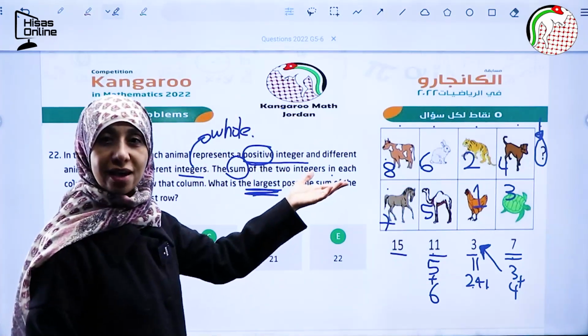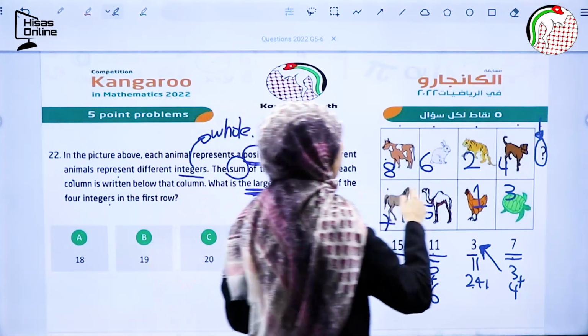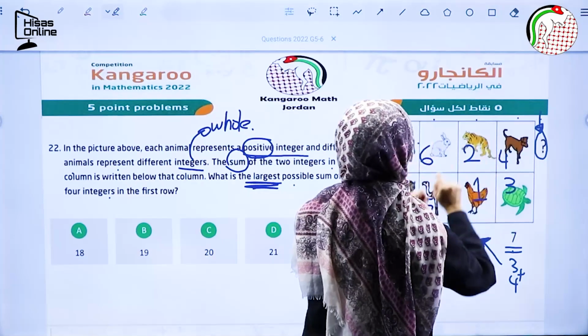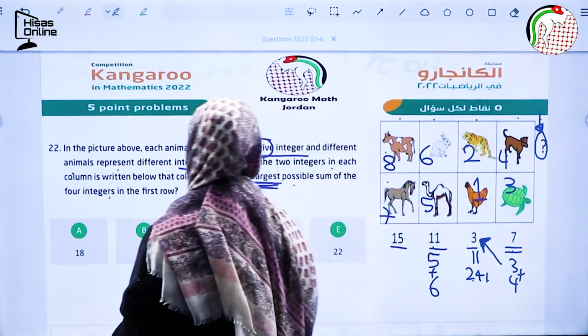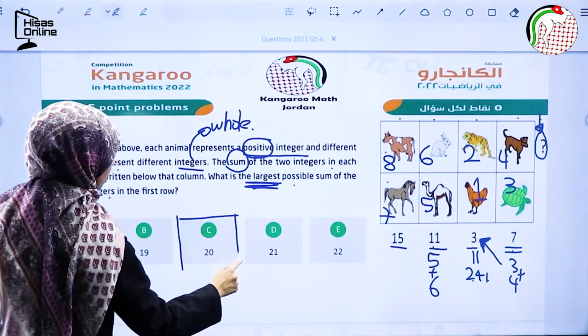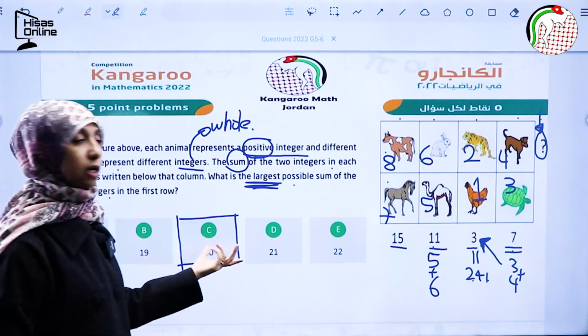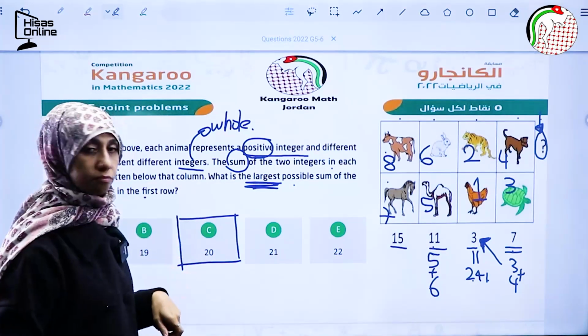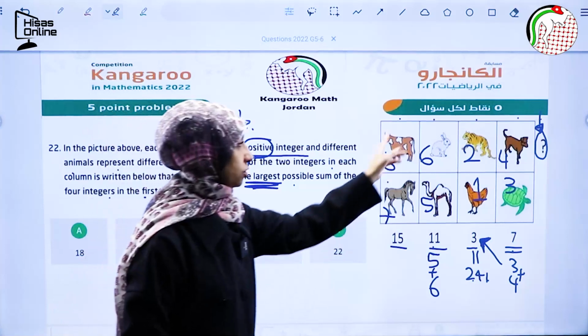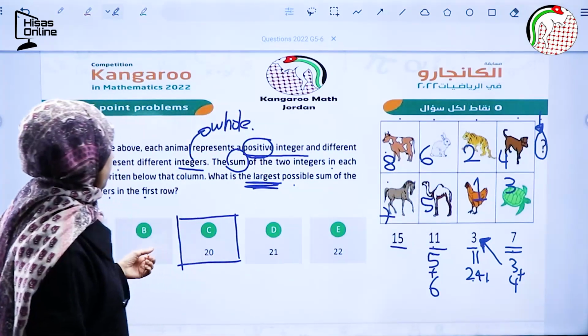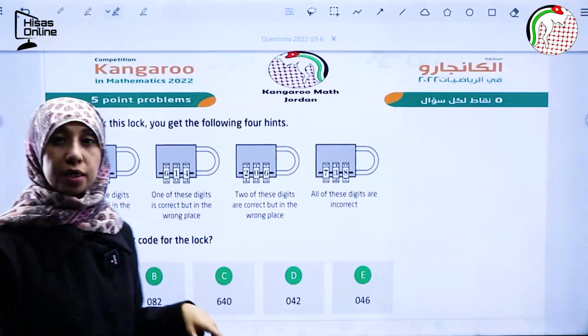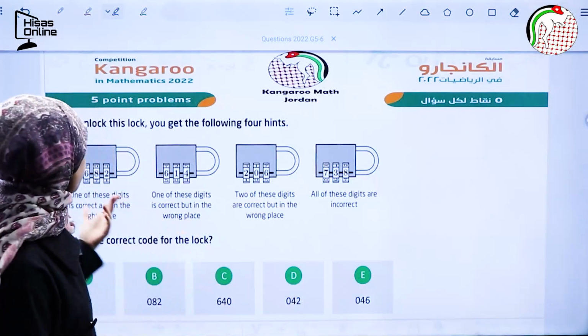Now let's add the numbers on the top. That makes 10, and that makes another 10. That gives me the sum of 20, which is the largest possible sum of the numbers that we have found.